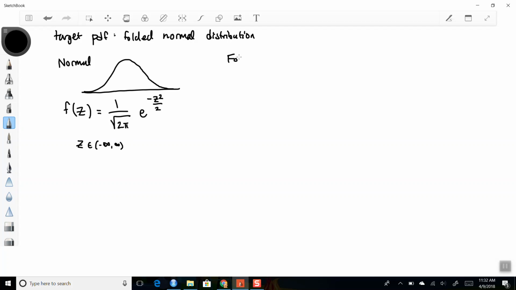And the folded normal is basically the exact same thing as the normal, except it's only positive. So the folded normal looks like this. Okay, so this is just the positive half.